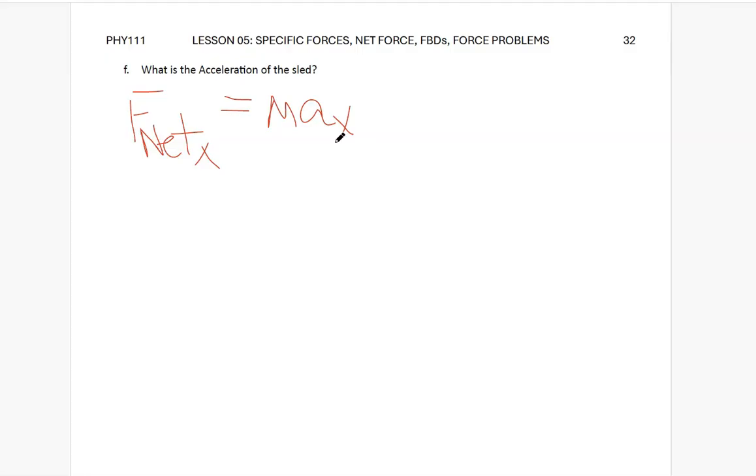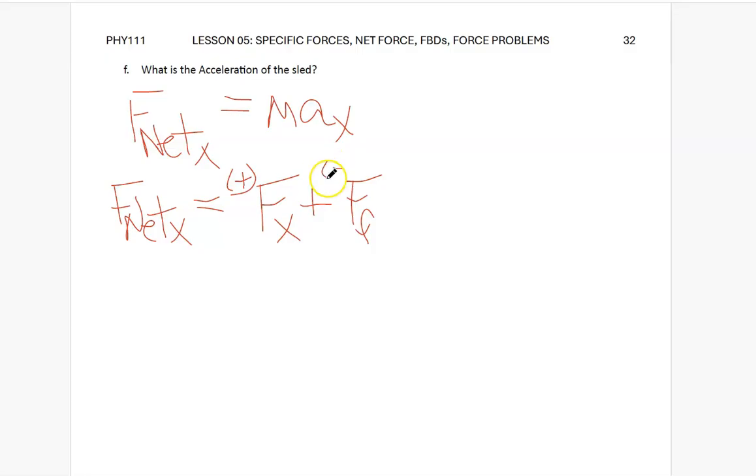We're interested in the horizontal movement, so we're looking at the net force in the horizontal direction. And we know that the horizontal net force is composed of two components. It's composed of the tension force in the x direction, which we know is in the positive direction, and the frictional force, which is fighting it in the negative direction, to the left.